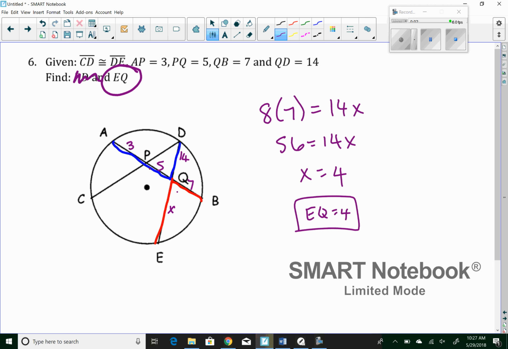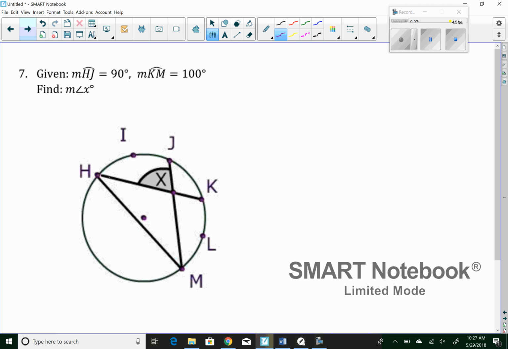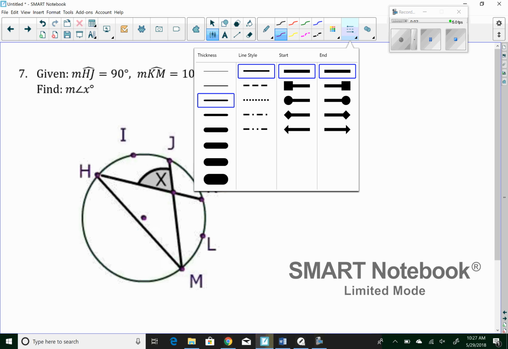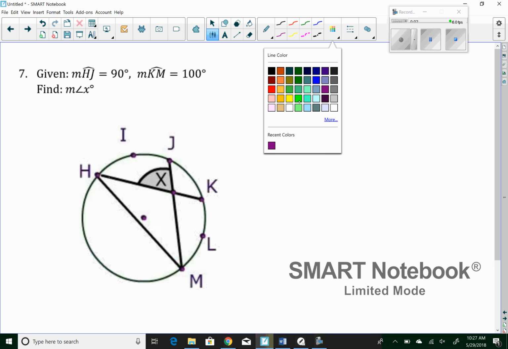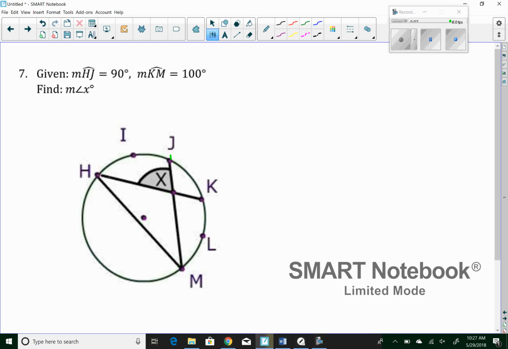Let's move on to number 7. This picture is kind of cumbersome, with a lot going on. But realistically, these two chords intersect to create angle X. It says that HJ is 90 and KM is 100.